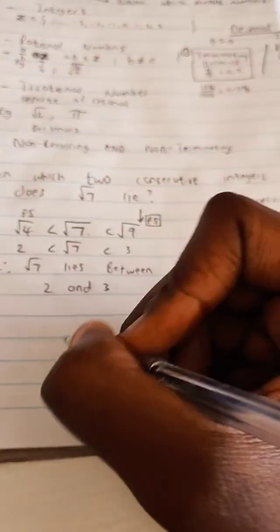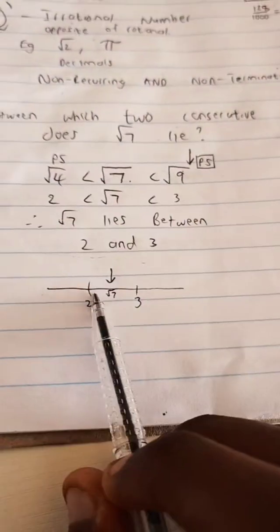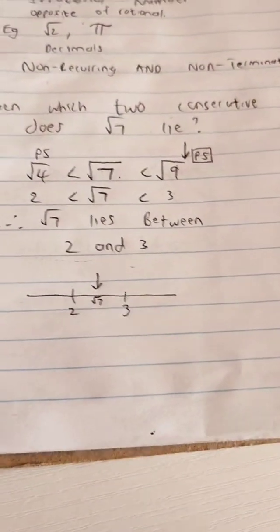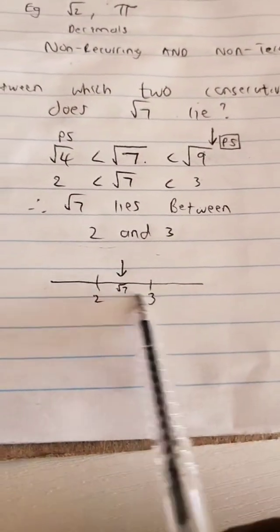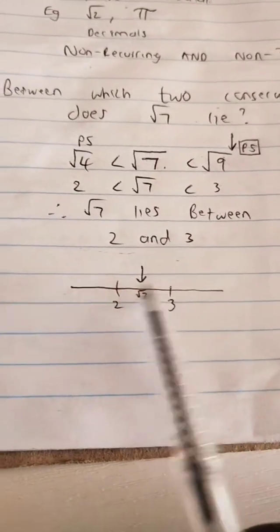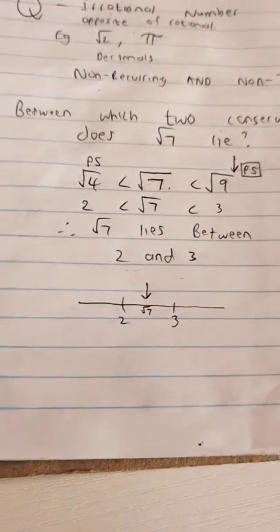So on a number line, you'd have 2, which is an integer, 3, which is an integer, and an irrational number found in between these two would be the square root of 7. There are many irrational numbers here, but 2 and 3 are what? They are integers.